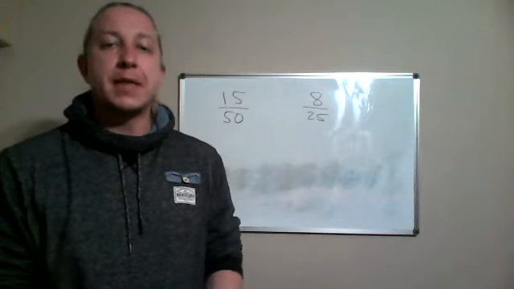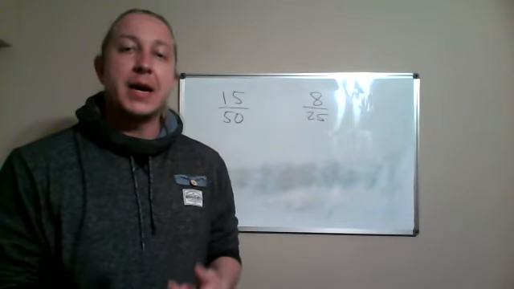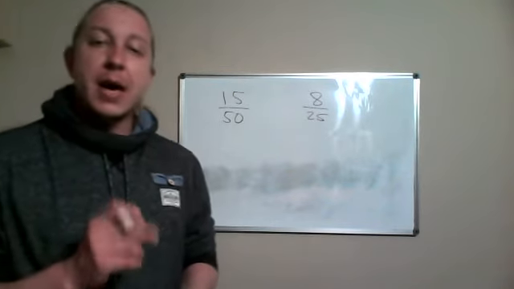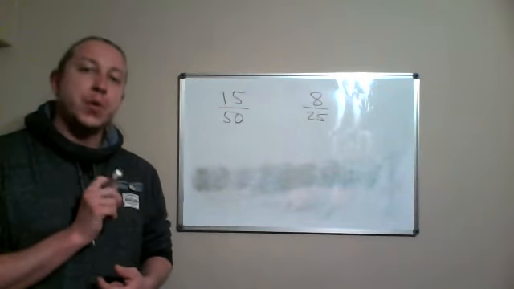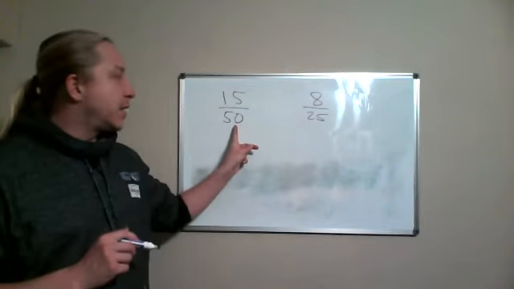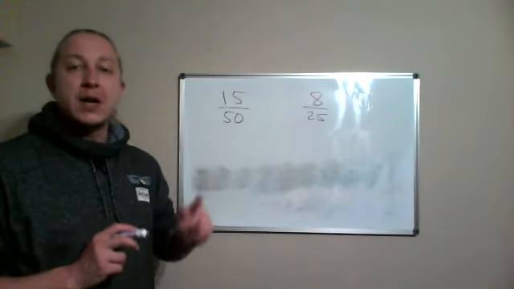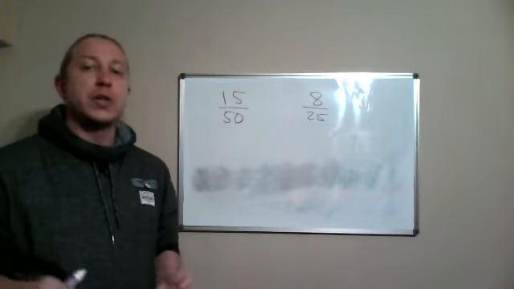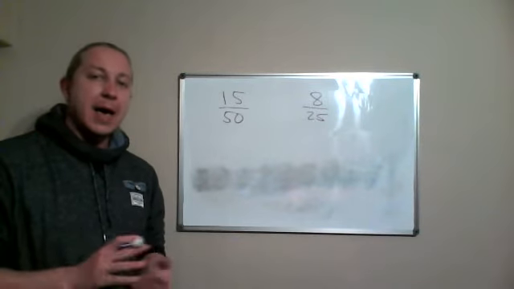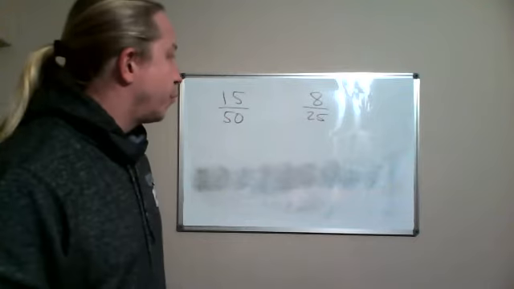We cannot compare the two fractions because they have a different denominator. Okay, but since we are dealing with percentages, what we want to do is turn these denominators into a denominator of 100. Because if we can do that, then we've turned the two fractions into percentages, and we can say which one is bigger with no problem.